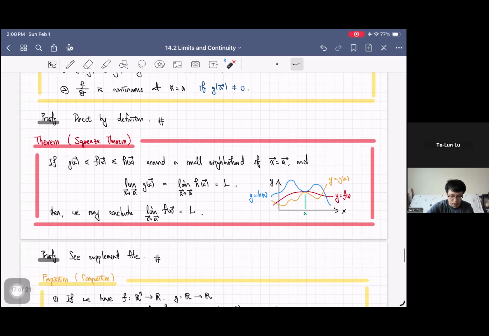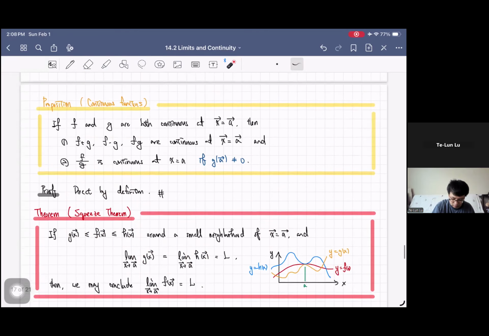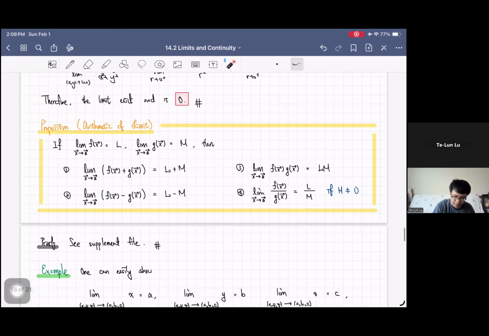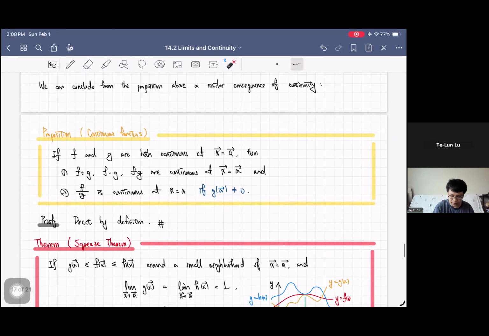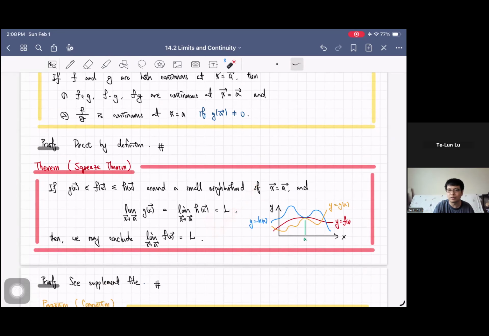We also have the squeeze theorem, which is actually the same as the previous one. The difference is just that we're now considering a multi-dimensional variable. Whenever these two functions squeeze f within a small neighborhood of x equals a, then we still have the limit of f being L, provided those two limits are the same. The proof of this, which generalizes the previous one-dimensional case, will be presented in the third portion.